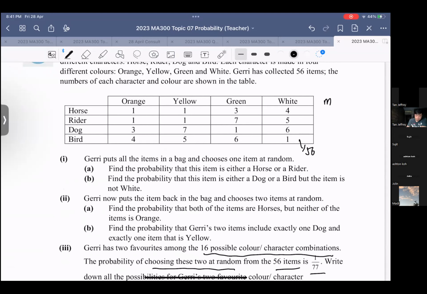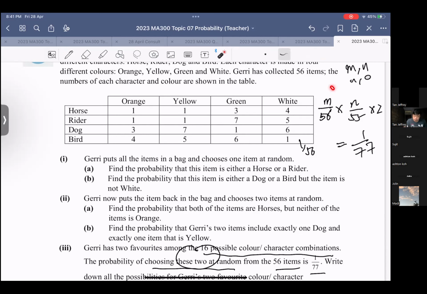But M is any of these numbers: 1, 2, 3, 4, any of these numbers. Then M out of 56. The second item, I pick another one. It must be different, because they say choose these two. Then I multiply by 2 because there's an order. I may be choosing M followed by N or N followed by M. This multiplied gives me 1 over 77. M will basically be any of the items here.